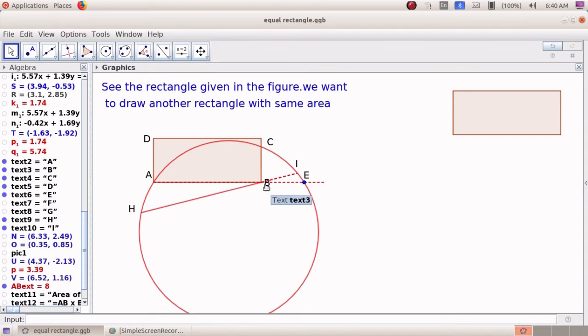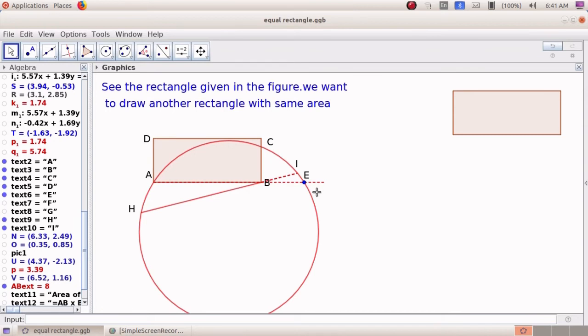BA into BE gives the area of the rectangle ABCD. We have proved that when two chords intersect inside the circle, the products of the pieces are equal. Therefore, that product will be equal to the product of BH and BI. That means BH into BI will be the same as BA into BE.